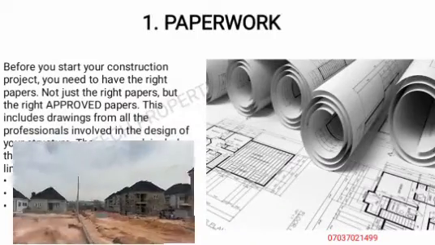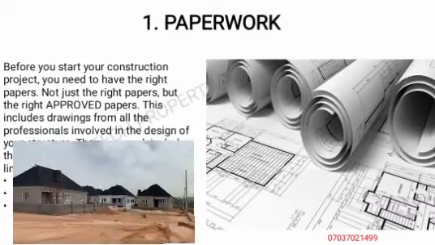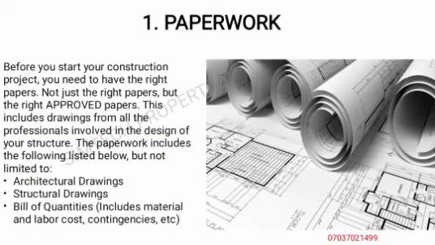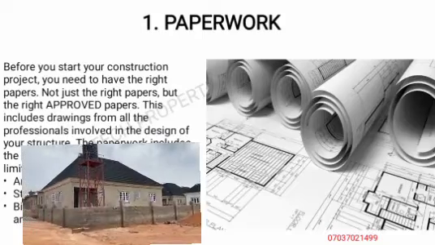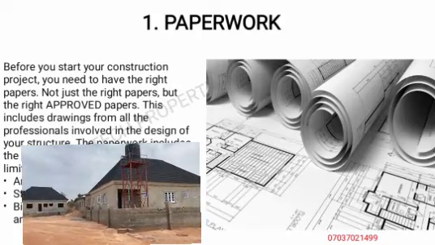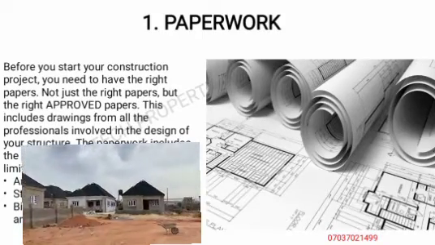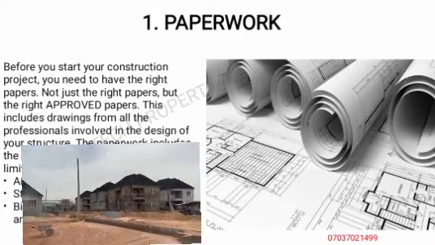Okay. Number one, we'll have paperwork here. Now, what is paperwork? Paperwork simply means the architectural drawing, the structural drawing, bill of quantity, including materials and labor costs, and so on and so forth. Indeed, what this simply means is that you have to have something on ground, on paper.